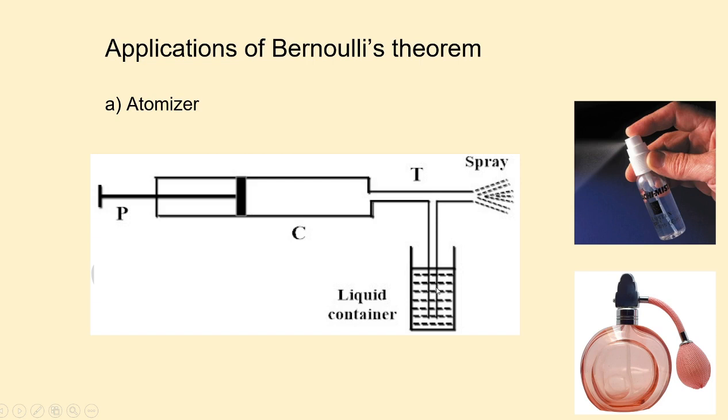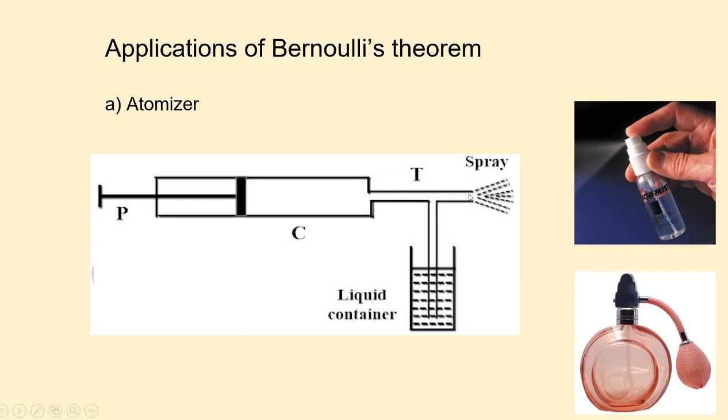Because of this pressure difference, the liquid in the container rises up and reaches the T-junction pipe. So the liquid mixes with the high-speed air to form a spray. So that is the working of the atomizer.